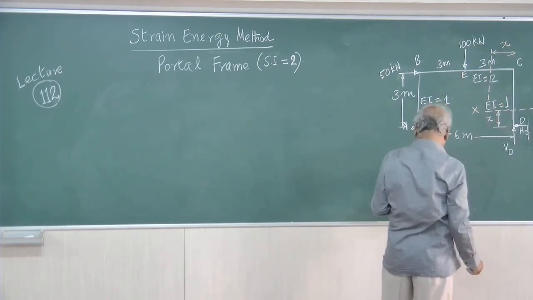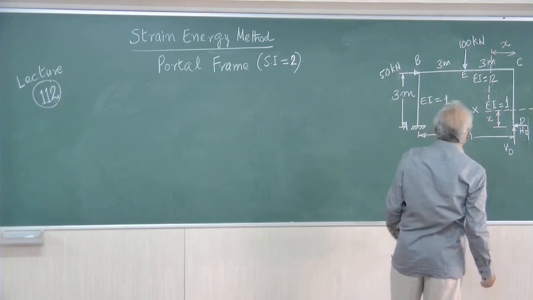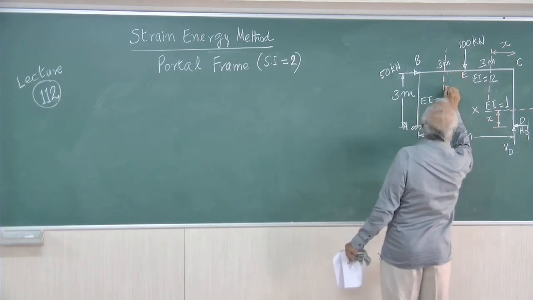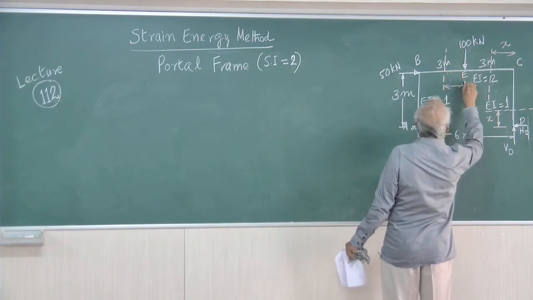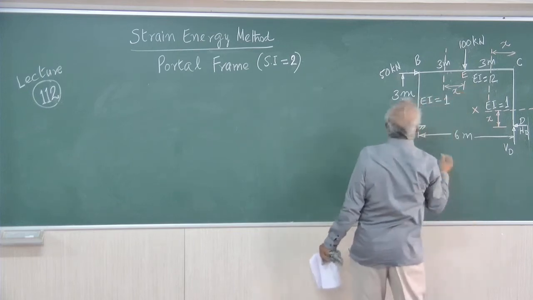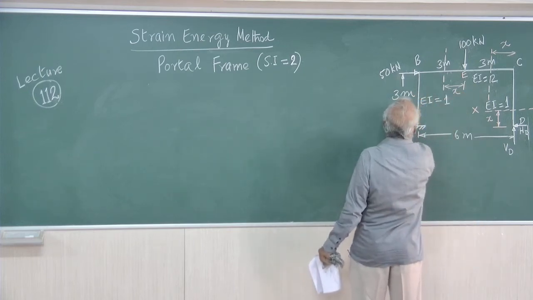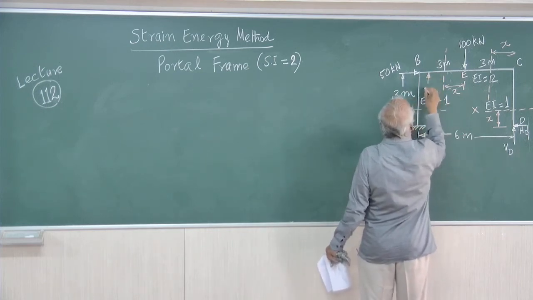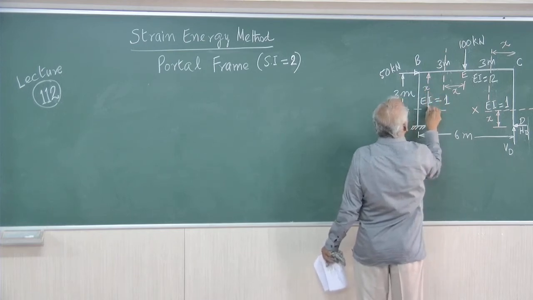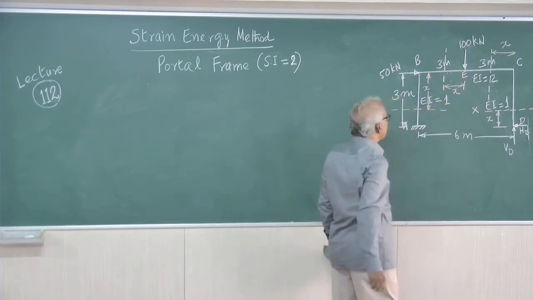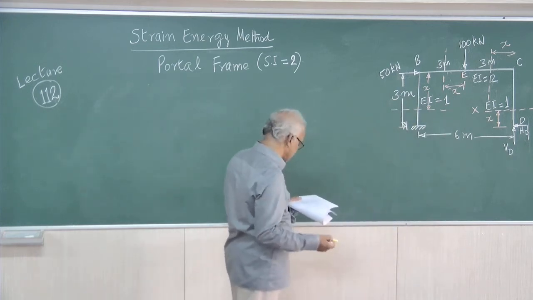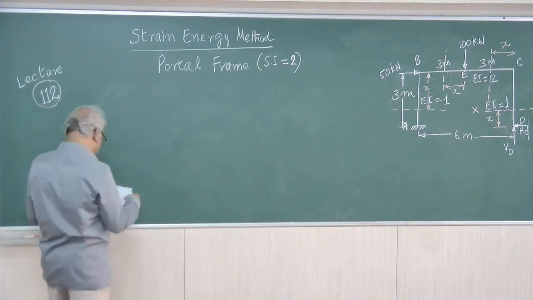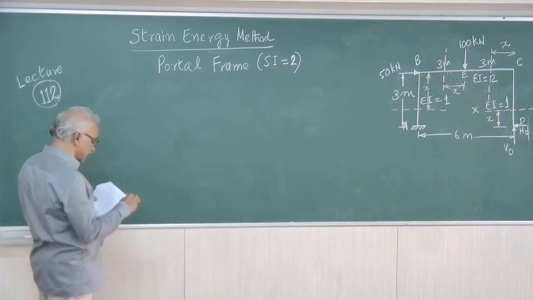Then, next section, we can take X from here, and for this portion we will take section X measuring X from the point B. So, we will take a number of sections. Anyway, when we discuss the tabulation, we will understand things much better.